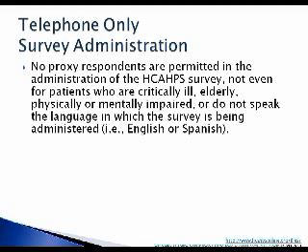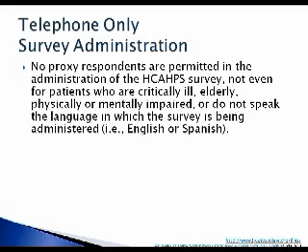Now, I don't want to confuse anybody, because I really want to make sure that everybody understands that you cannot use a proxy. However, CMS does allow, if you call and you do have a patient on the phone, and for some instance they might have trouble hearing, or they want to participate in the survey, they can use someone to help interpret. They cannot help in answering the questions or anything of that nature, but they may need someone to repeat things to them because they cannot hear well.